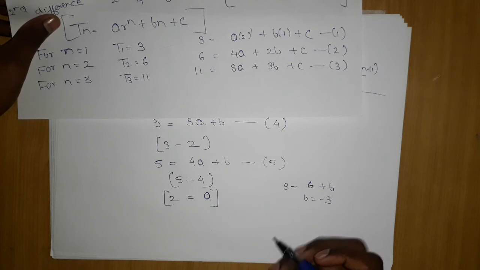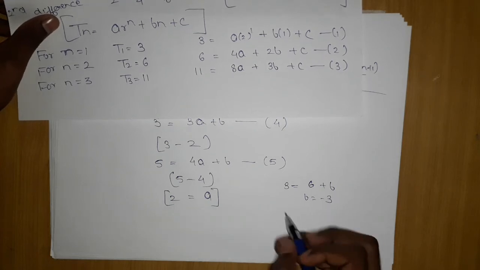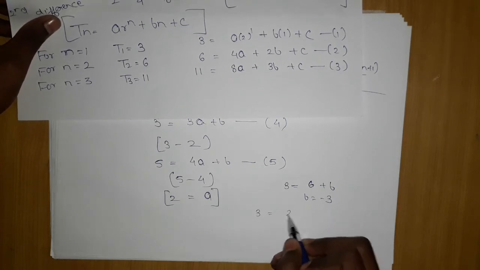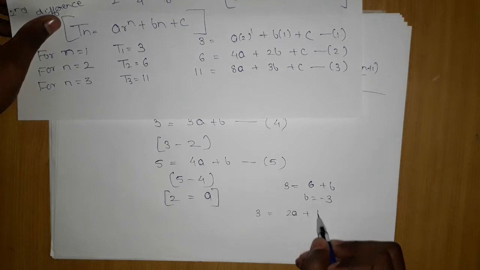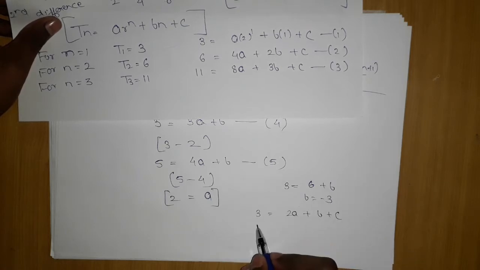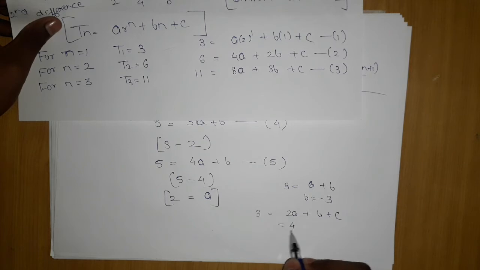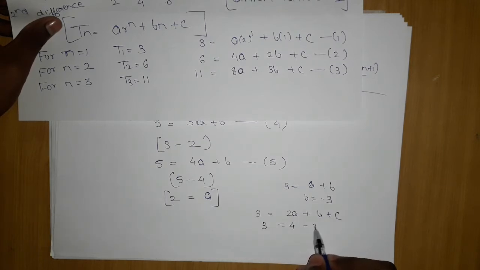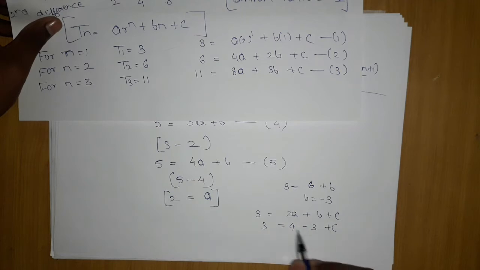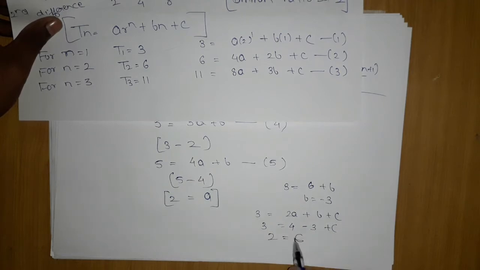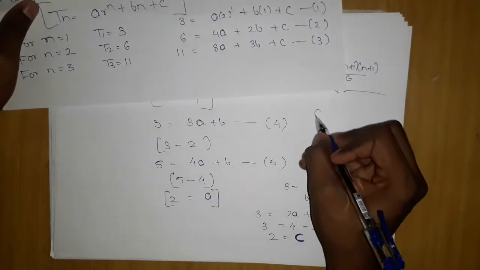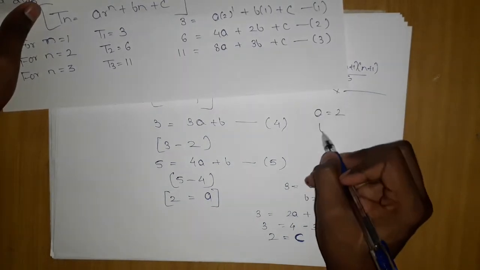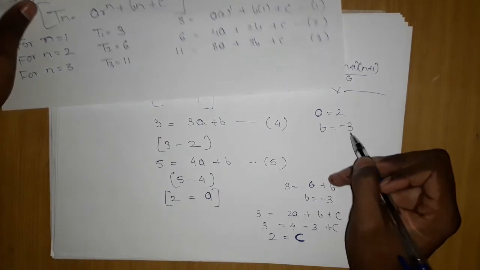If we got B equals minus 3, can we get C? 3 = 2A + B + C. After doing this, 6 minus 4, 2 equals C. So we got our ABC values. A was 2, B was minus 3.